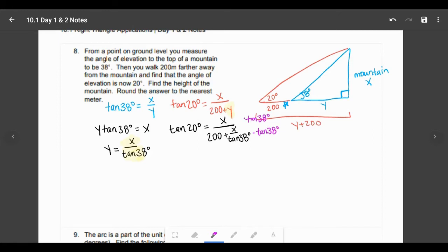And so when I do that, I'm going to end up getting tan of 20 degrees equals x tan 38 over 200 tan 38 plus x.